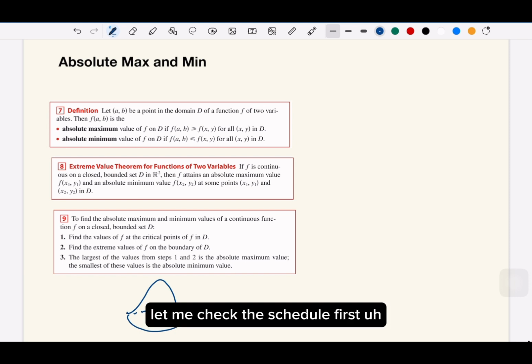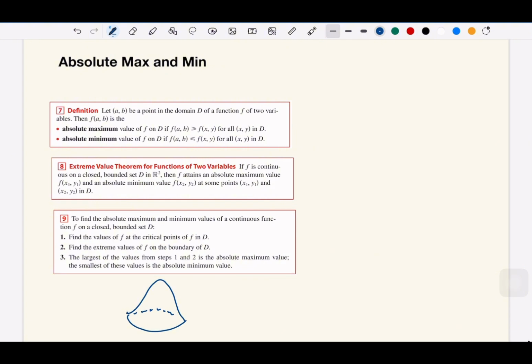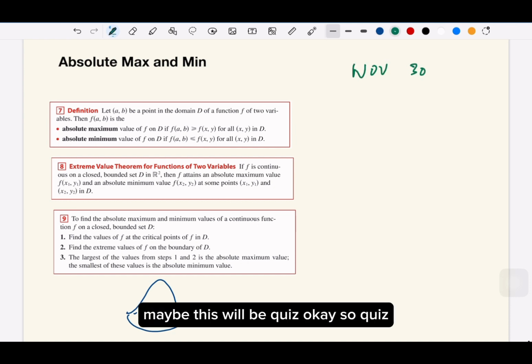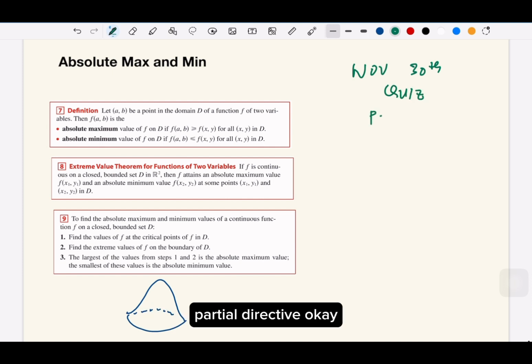Let me check the schedule first. So maybe November 30. Okay, maybe this will be the quiz on partial derivatives.